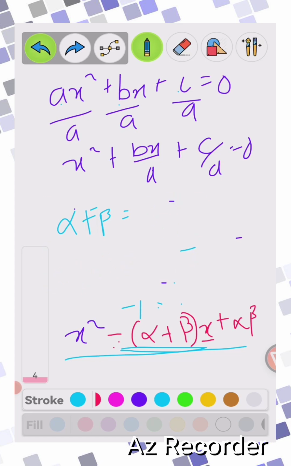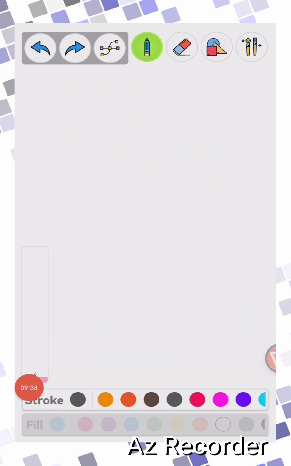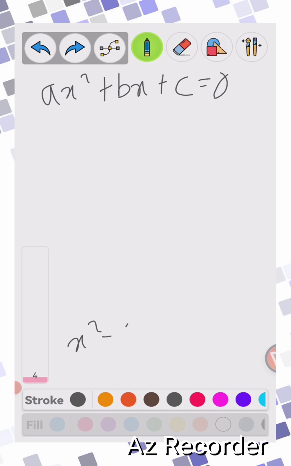We can draw another conclusion in the general format of these expressions. Whenever you have a quadratic expression, which is ax squared plus bx plus c equals 0, and remember that expression that we had down here, it said x squared minus (alpha plus beta) x plus alpha beta.